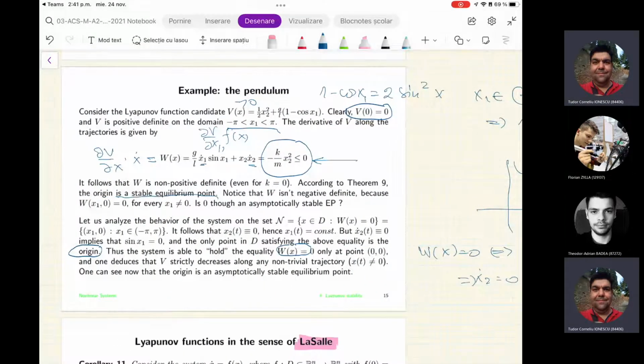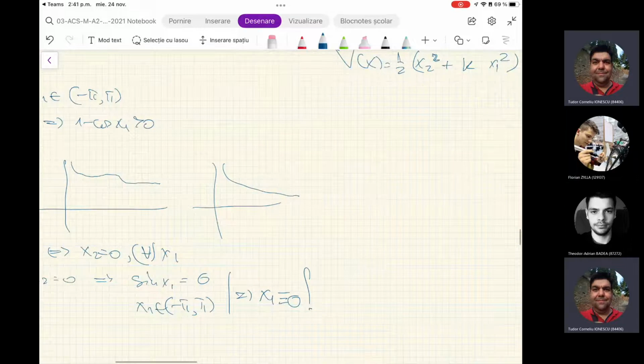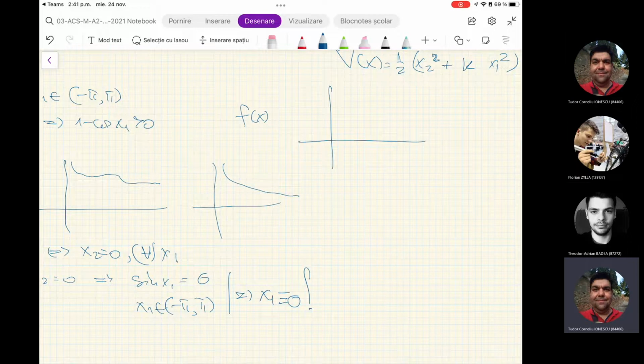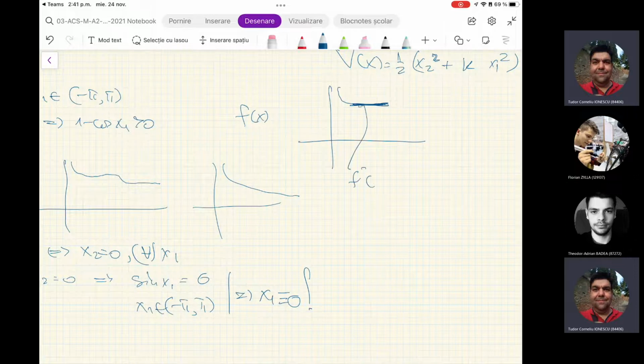So the energy is constantly decreasing because W, you remember this. If you have a scalar function f of x, and f dot x equals 0, you remember that's a critical point.